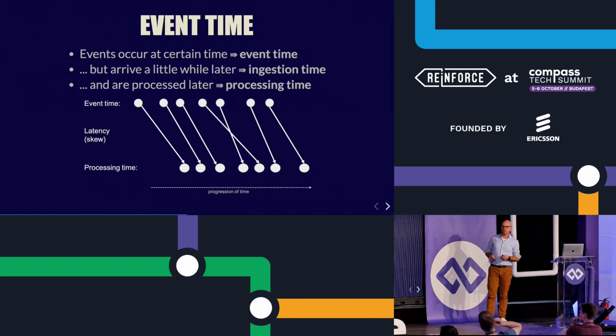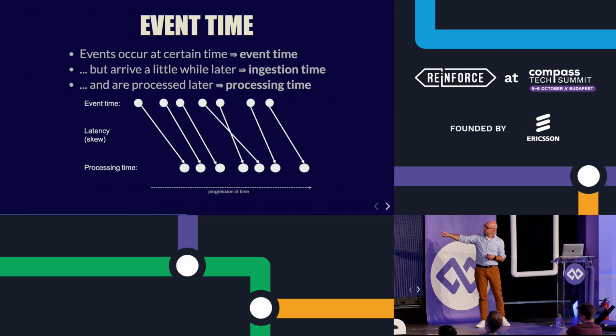And that is because there's uncertainty in your network and in your infrastructure. There's always latency between, especially, the event time and the processing time. What will happen is that events will arrive out of order. So your events that are in a certain order will appear in a different order in your streaming engine.